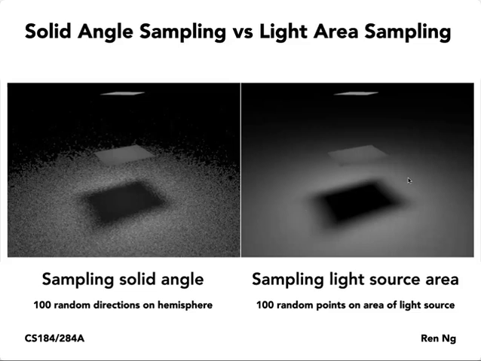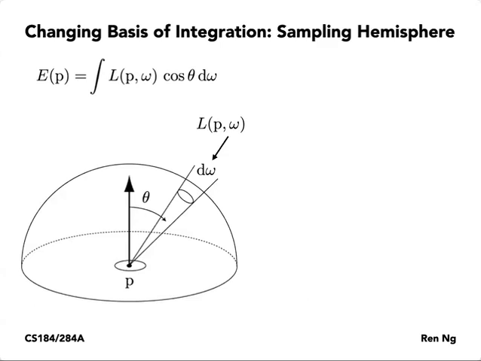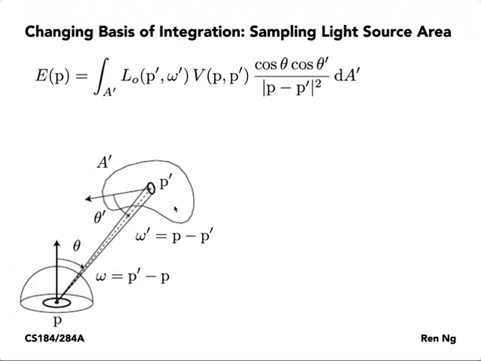Now I want to show you technically what has to happen in order to actually perform this integration between these two things. If you're thinking ahead, it's going to turn out to be a change of basis of the integration, okay? So changing the basis of integration from spherical coordinates, essentially sampling the hemisphere like this, to integrating over the surface of the light sources.